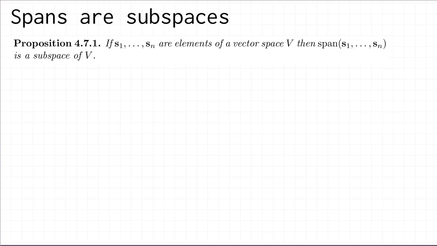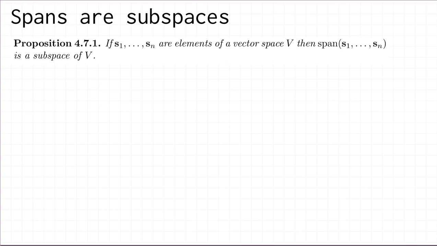So let's prove a general result now about subspaces. In fact, I'm not going to prove this result because we've essentially already done it in our video on null space and column space. We proved that the column space was a subspace, and of course the column space is defined as a span, and exactly the same proof works.